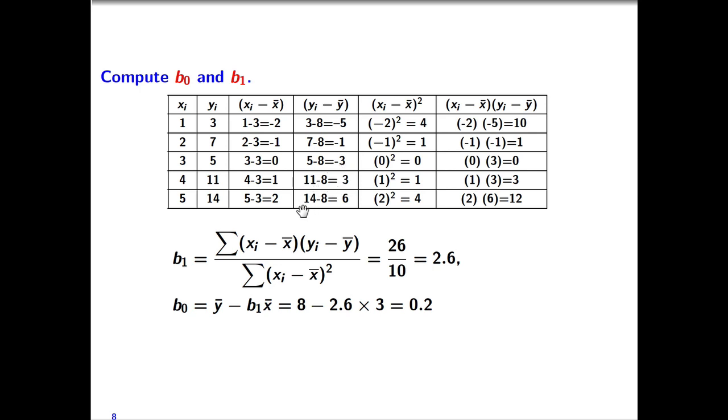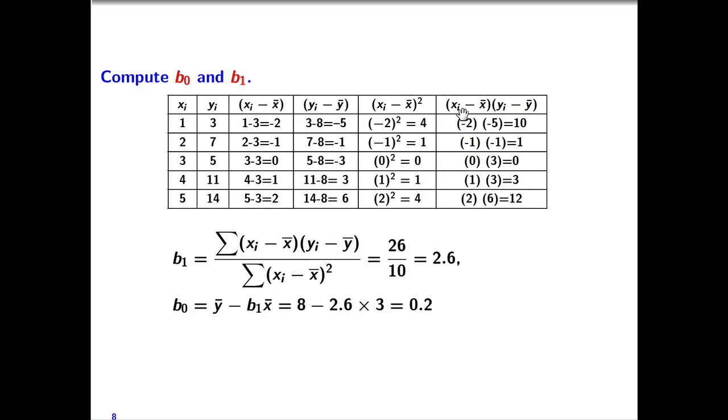11 minus 8 equals 3, 14 minus 8 equals 6. Then we compute xi minus x bar squared, which is negative 2 squared equals 4, negative 1 squared equals 1, 0, 1, and 2 squared equals 4.